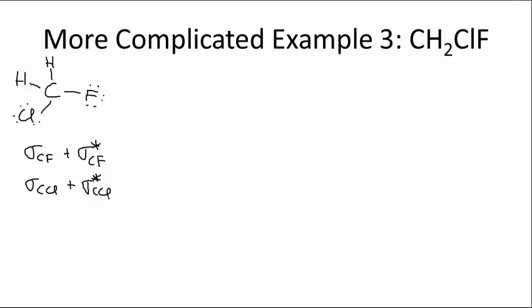What else do I need? Lone pairs. I need 3 non-bonding orbitals on chlorine and 3 non-bonding orbitals on fluorine. And what else? I need 2 sigma CH bonds and 2 sigma star CH orbitals. All right, so try and draw a molecular orbital diagram that includes all those in the right energy order.